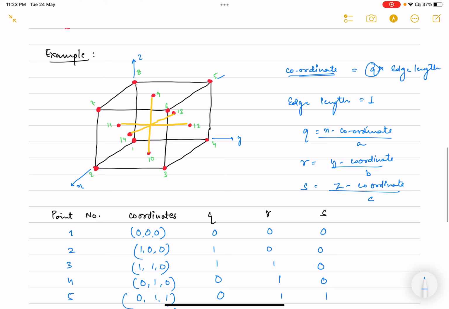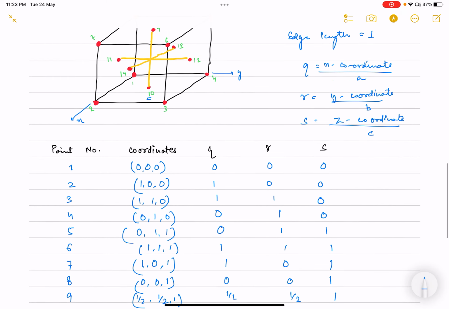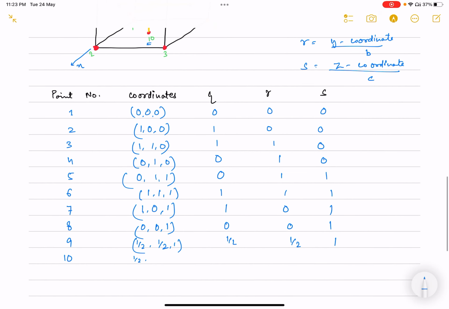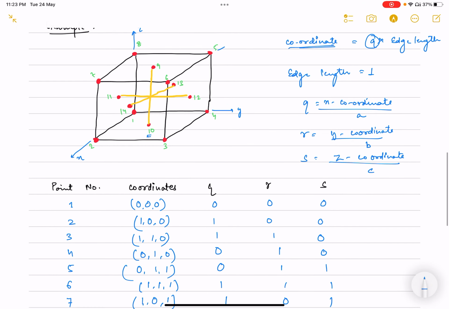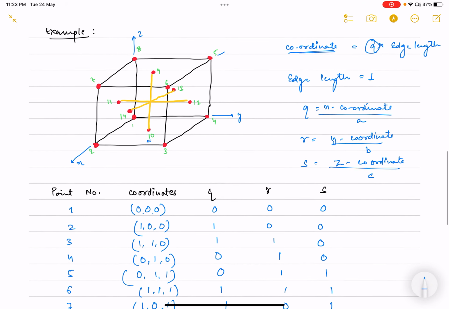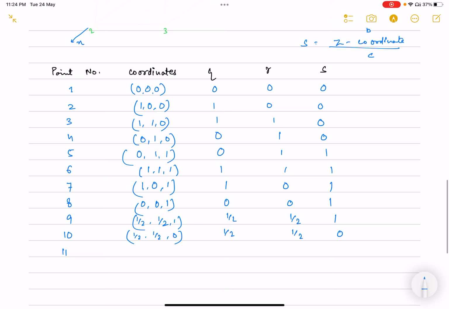Point 10 cuts x and y at half each, but doesn't cut z, so it will be half, half, 0. Point 11 lies in the xz plane and doesn't cut the y-axis. It is a face center, so it is half, 0, half.